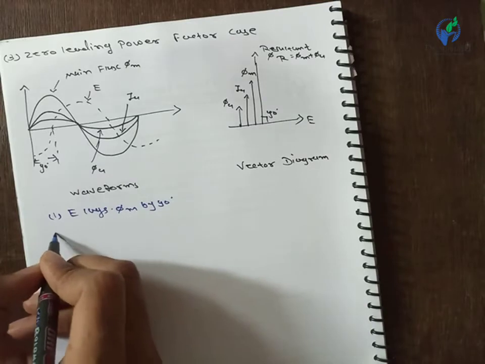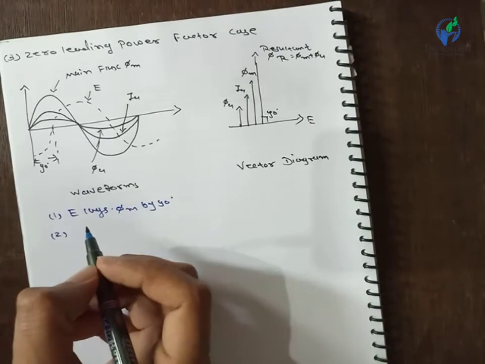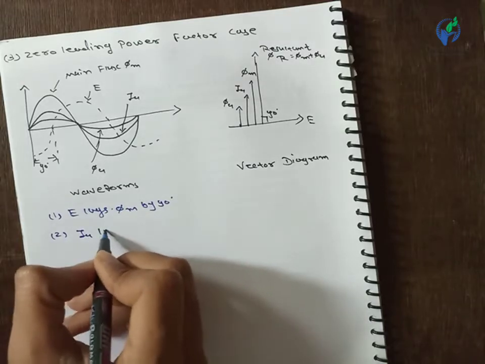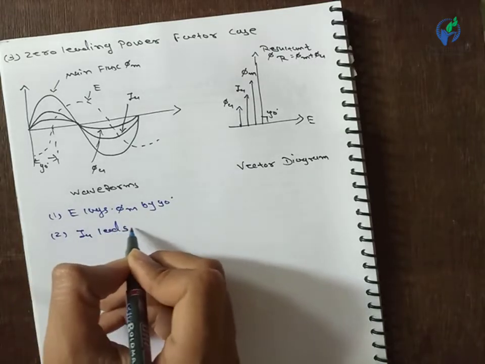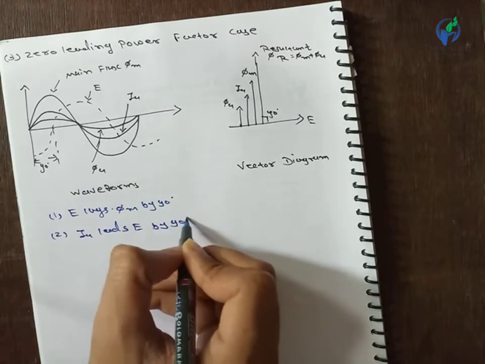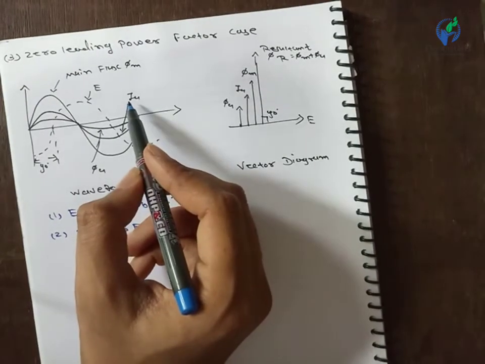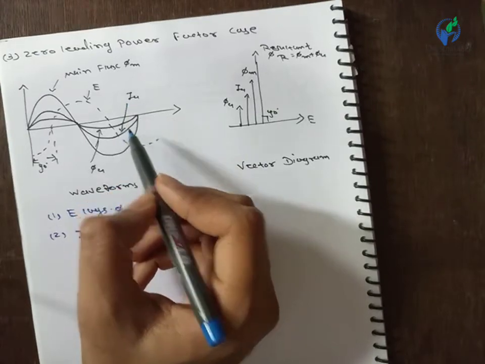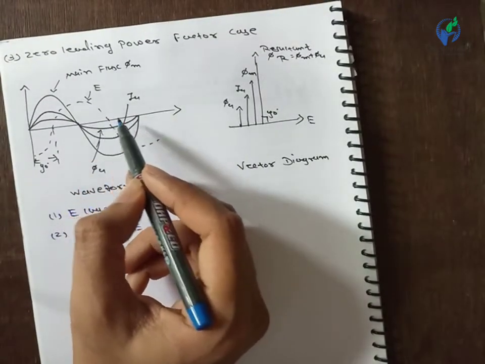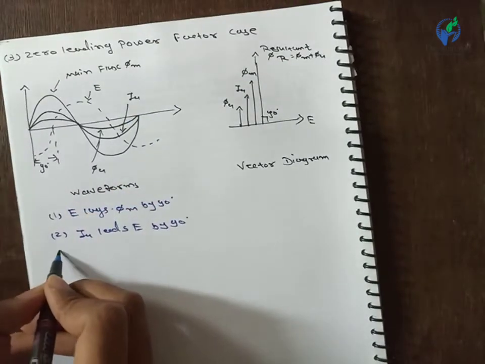The second point is that the armature current IA leads E by 90 degrees.